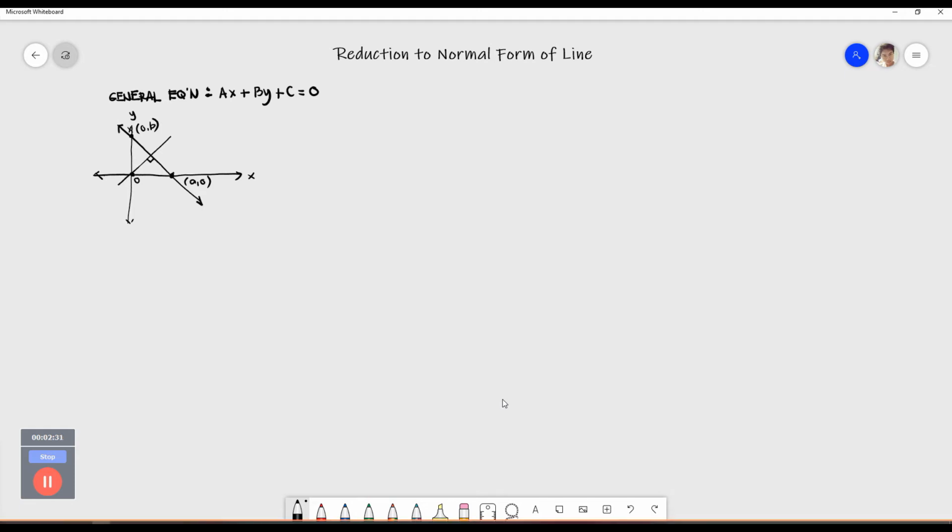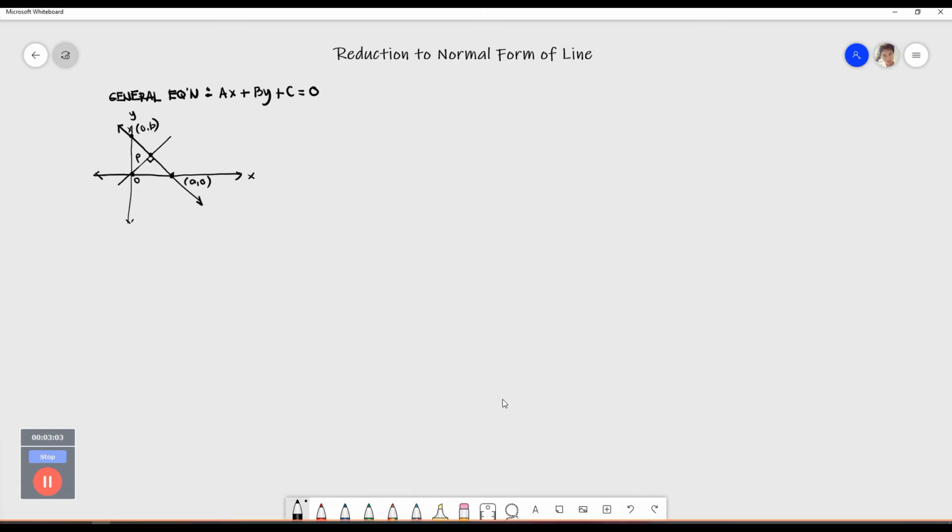Let's say this segment is rho, which is the perpendicular distance of this line to the origin. The length of this side is our x-intercept, a, and the length of this side is our y-intercept, b.